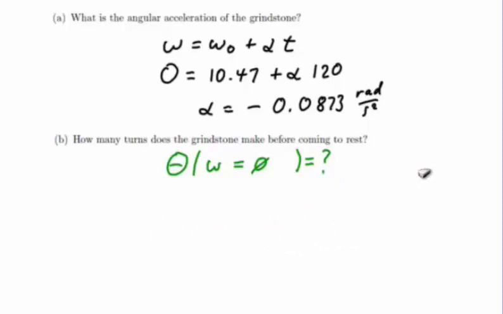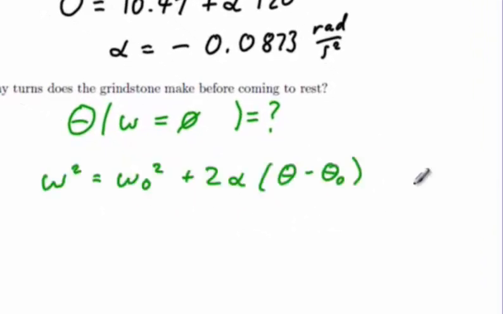Although I don't have a preference, I'm going to solve the first of these two by beginning with the theta omega relationship, which is omega squared is omega 0 squared plus twice alpha times theta minus theta 0. The v x relationship with all x's changed to thetas, all v's changed to omegas, and a's to alphas. Plugging in the values we know, and particularly omega equals 0, our only unknown will be theta.